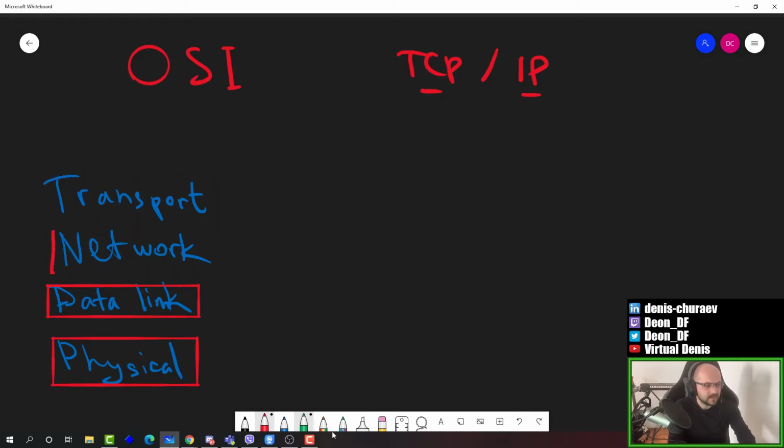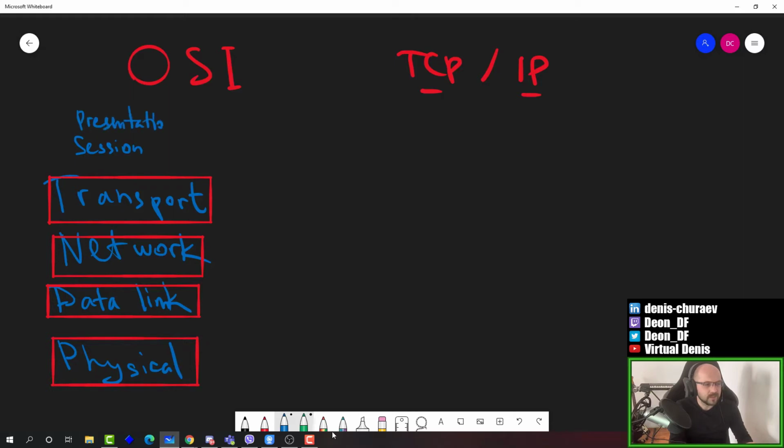Above there are a bunch of layers called session, presentation, and application. Layers 1, 2, 3, 4 are the most interesting for us in terms of troubleshooting, and then 5, 6, 7 are a bit less interesting, but in total there are 7.